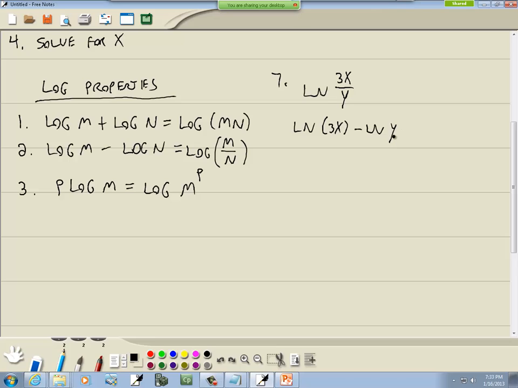Now our goal is to get the x and y by itself, or if we have a number, to get it by itself. So this log we're done with. But if we look at our first one, we have 3 times x. Well, multiplication from property 1 becomes addition. So this becomes natural log of 3 plus natural log of x minus natural log of y. And that's our answer.